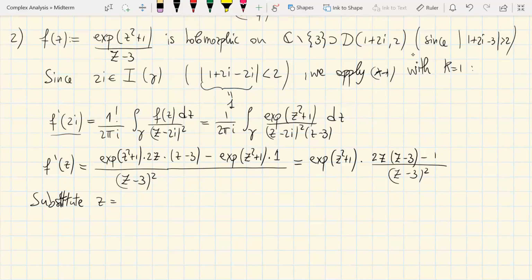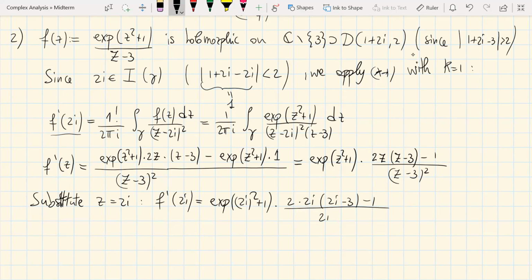Sorry, z equal to 2i. And we find f prime of 2i is equal to the exponential of (2i) squared plus 1 times 2 times 2i times (2i minus 3) minus 1, over (2i minus 3) squared.